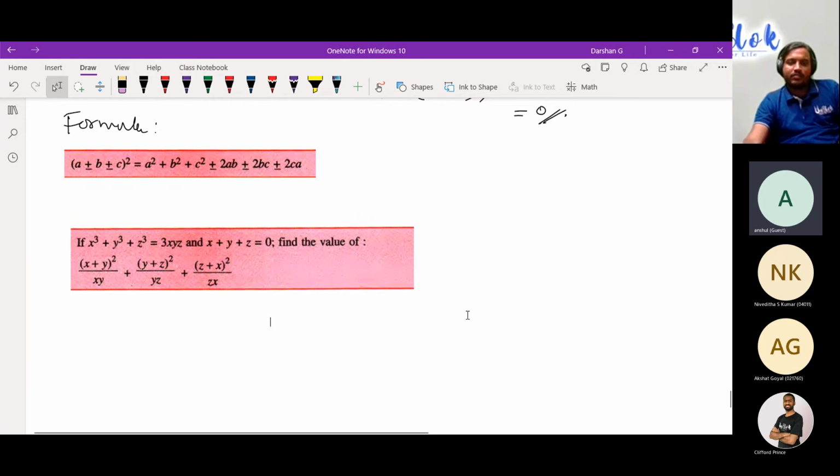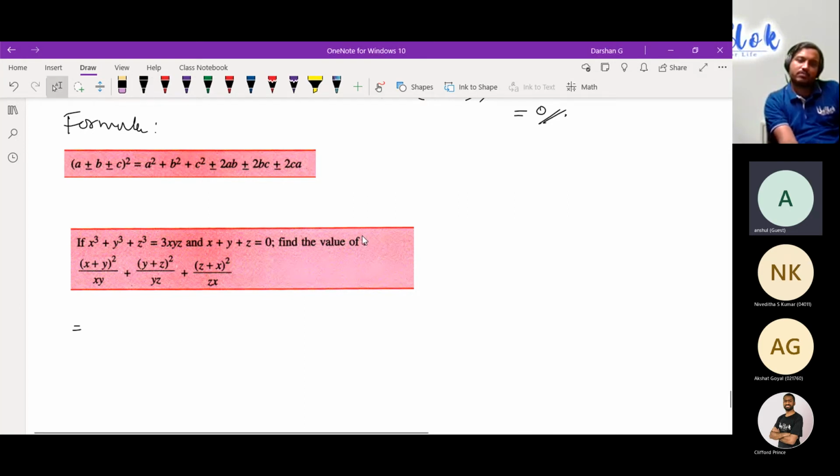You have to solve using all the things you have studied till now. If x cube plus y cube plus z cube is equal to 3xyz, we know that, and x plus y plus z is equal to 0, find the value of. Find the value of. Simple one.